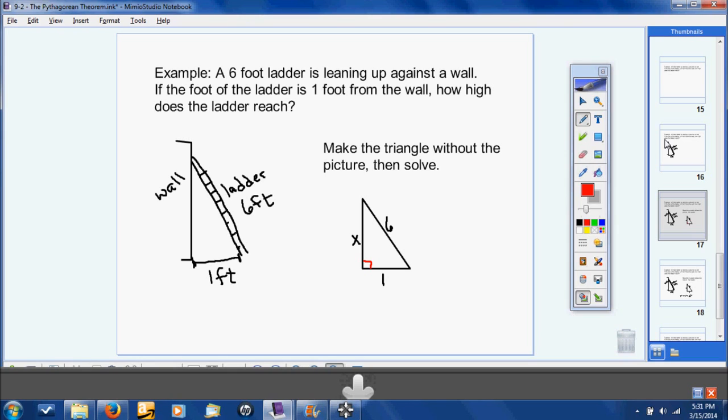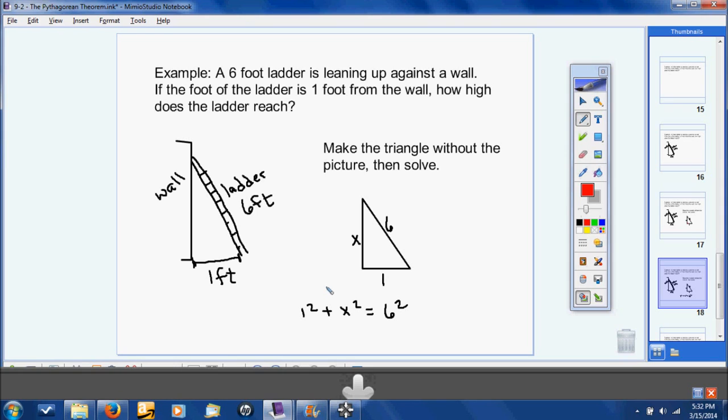And then Pythagorean theorem: leg squared plus leg squared equals hypotenuse squared. So that looks like this: 1 squared plus x squared equals 6 squared. Get that written down.